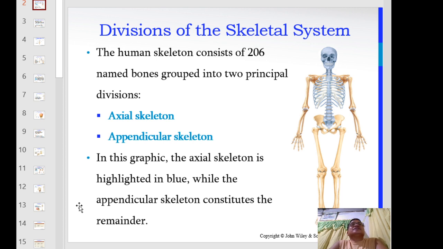Okay, so there are two divisions of the skeletal system: the axial skeleton and the appendicular skeleton. Now, all over we have 206 bones in our body.